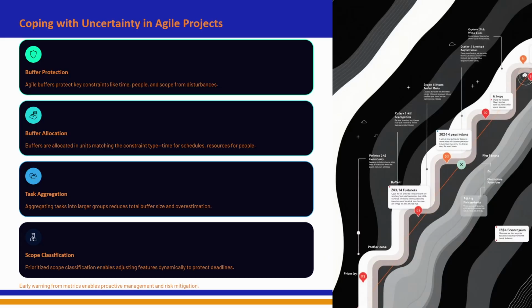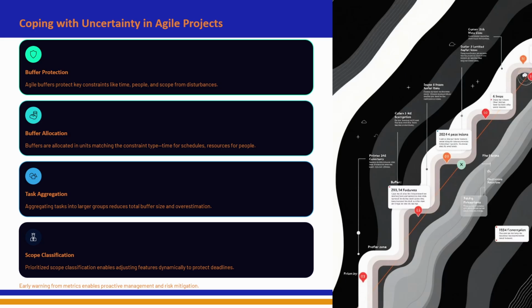And the next one is coping with uncertainty in Agile projects. Agile projects always deal with uncertainties like changing requirements, technical challenges, or unexpected delays. Agile uses specific strategies to handle these uncertainties effectively. Buffer protection.